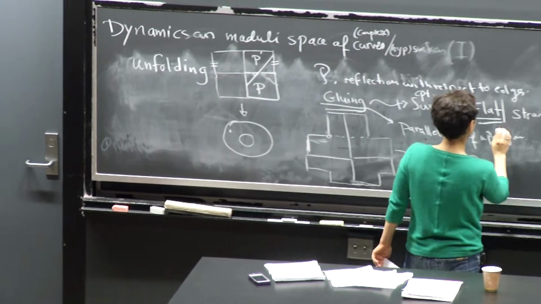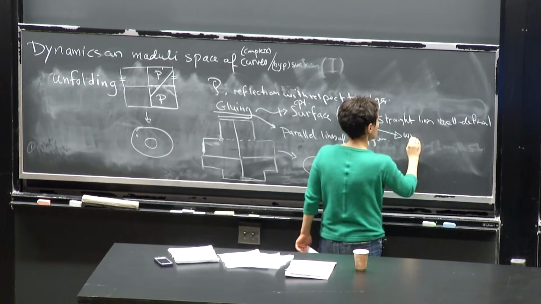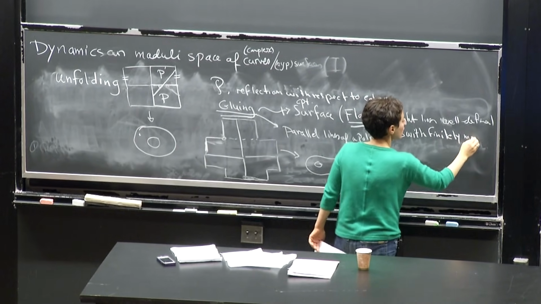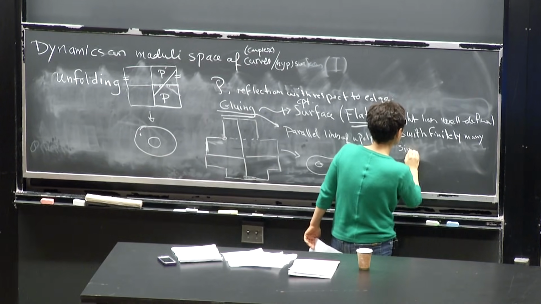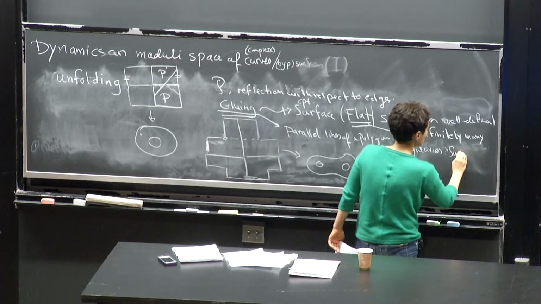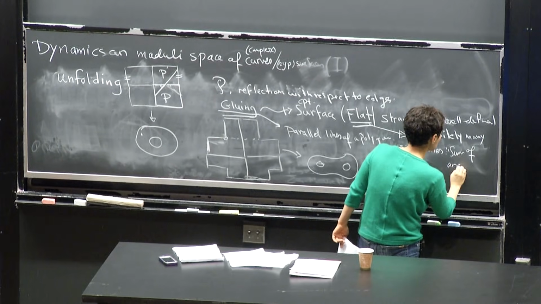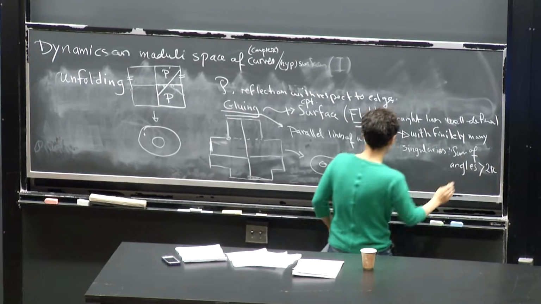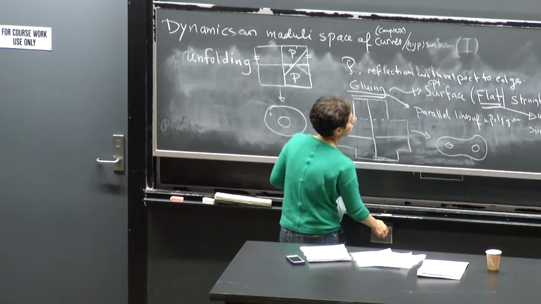You get a flat structure with finitely many singularities, where the angle at these points is more than 2 pi. It's 2 pi times an integer.